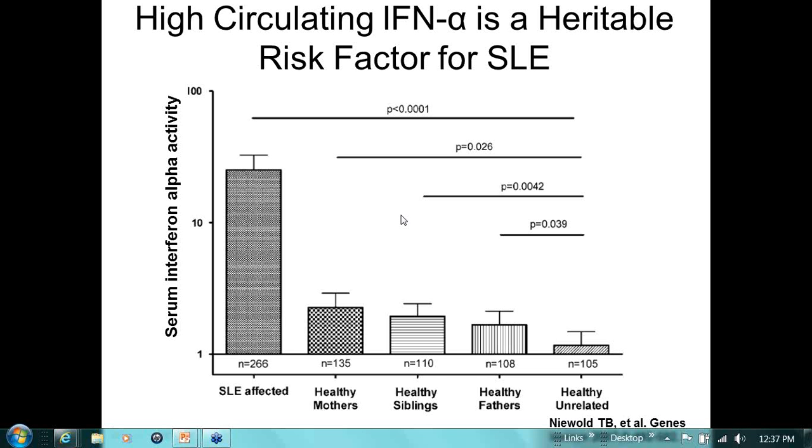In many studies it's often hard to tell the chicken and the egg. But when you do genetics, we don't think the interferon could change your genes, so if you find a gene that's related to interferon, it should be because there's something about that gene that causes the interferon.